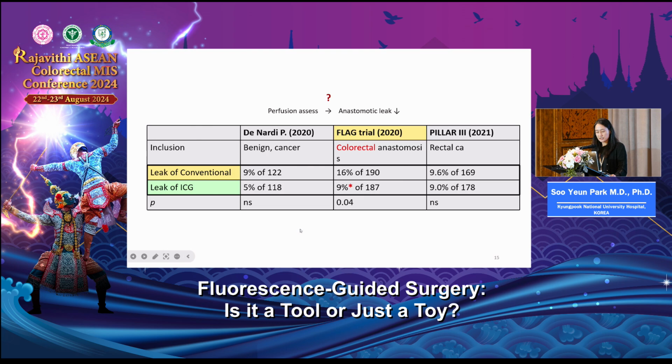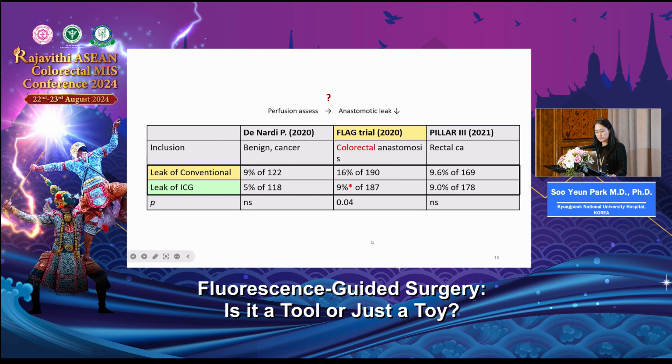There have been several studies about perfusion checks by ICG, and until several years ago there were 3 big randomized controlled trials, and 2 of them could not show a difference in the anastomotic leakage rate.